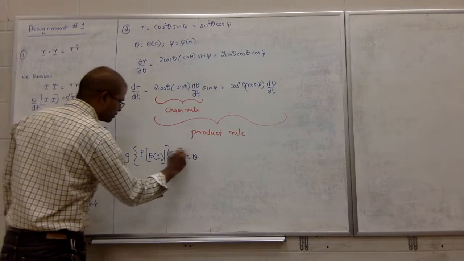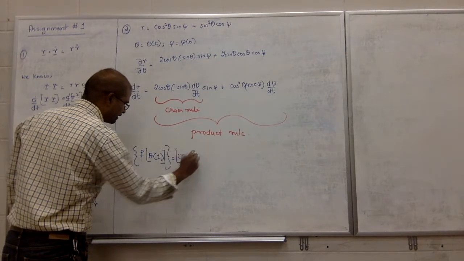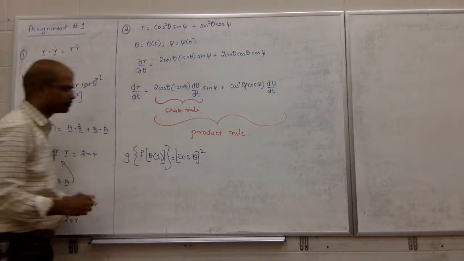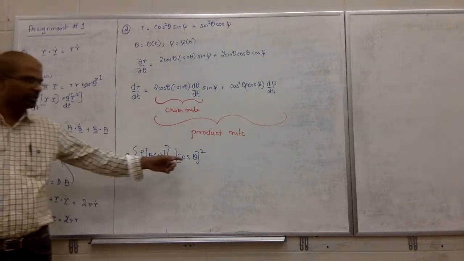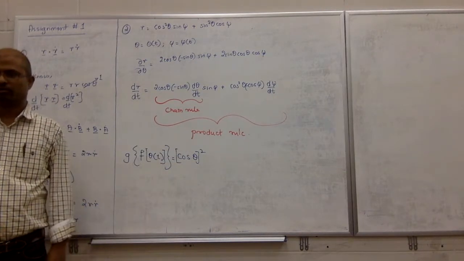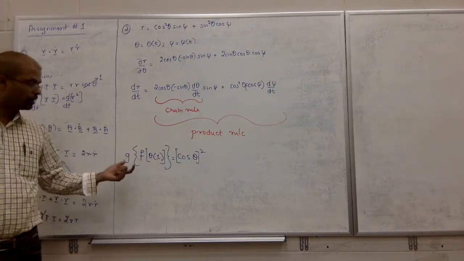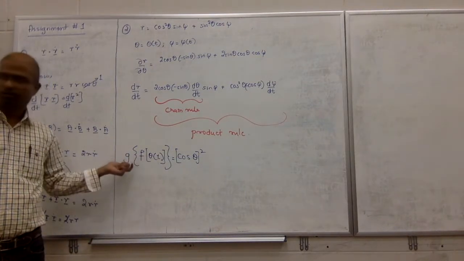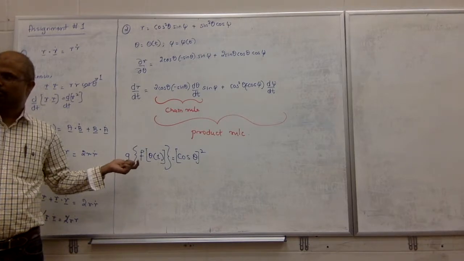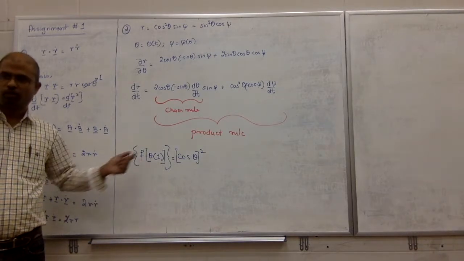G is cosine squared theta, which is the same as cosine theta squared. It's just how it is written, cosine squared theta. You see how it is a function of a function of a function. So when you take the chain rule, what do you do?